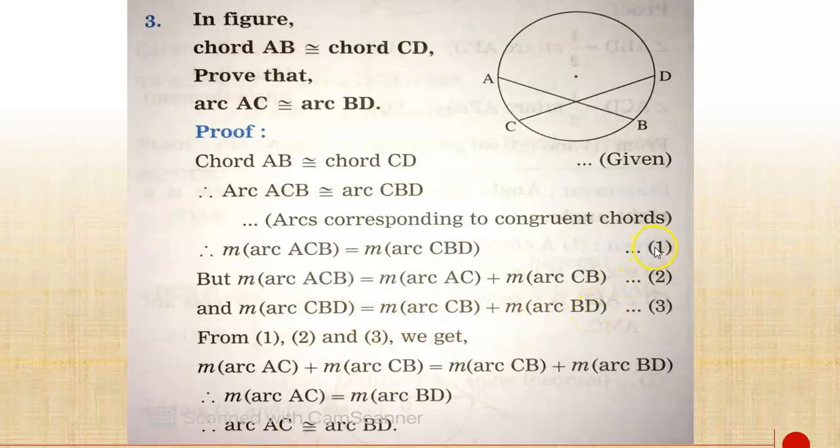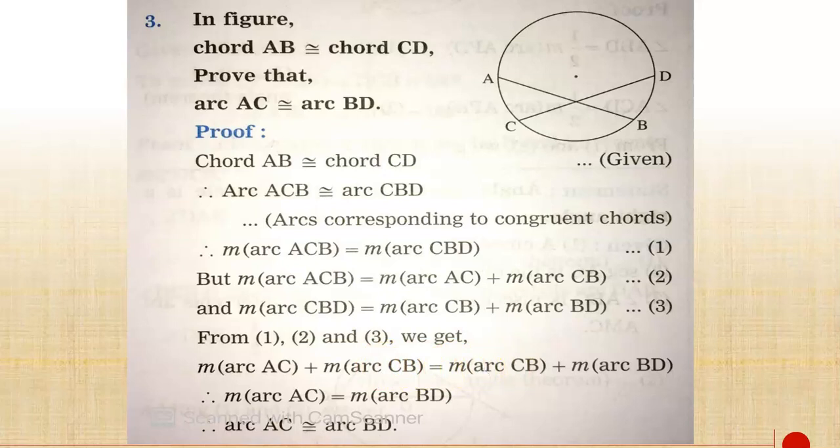Now from statements 1, 2 and 3, I can say that measure arc AC plus measure arc CB is equal to measure arc CB plus measure arc BD. Now if you see this particular statement, measure arc CB is common on both sides. So I can easily eliminate that.